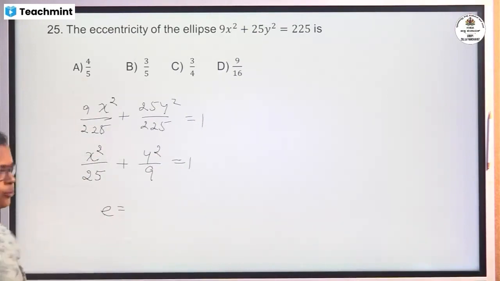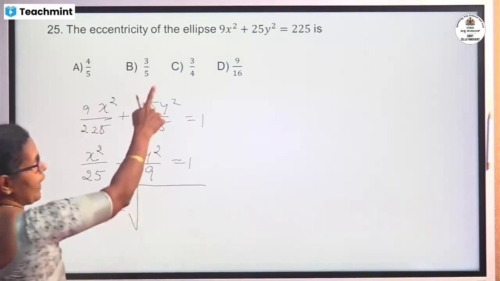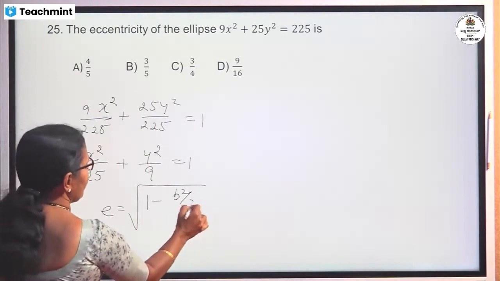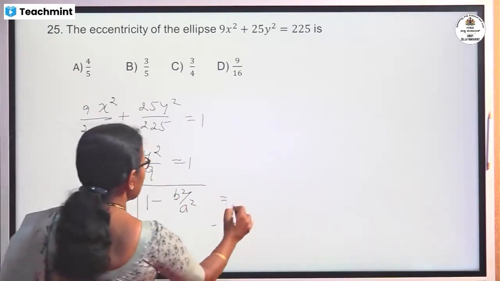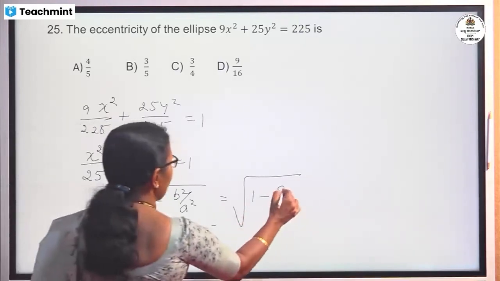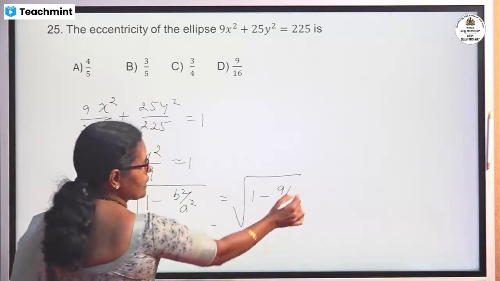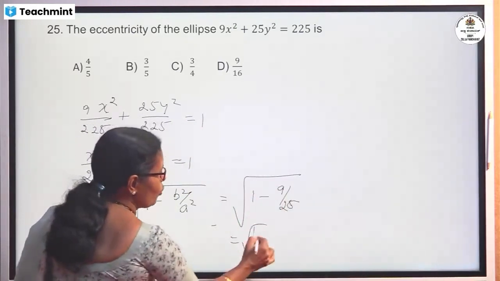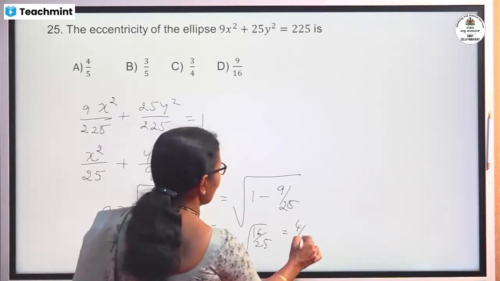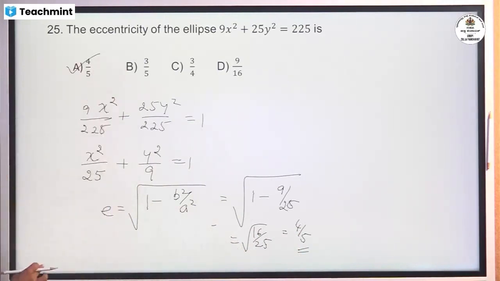In an ellipse, E is equal to square root of 1 minus b square by a square, which is equal to square root of 1 minus b square is equal to 9, a square is 25. When we take LCM, 25 minus 9, root 16 by 25. Then which is equal to 4 by 5, which is the eccentricity, that is option A is the correct answer.